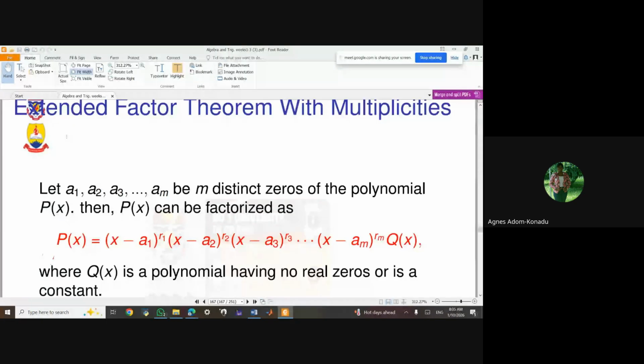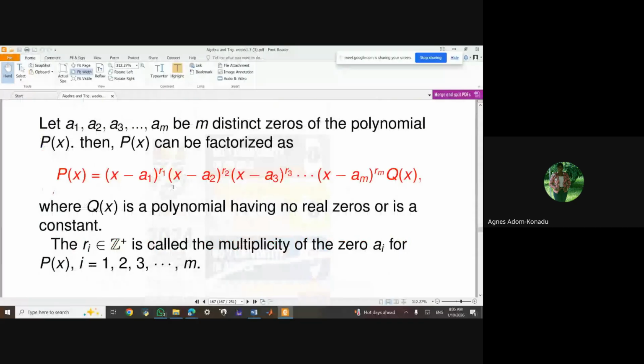Here, the r1, r2, r3 up to rm, we call them the multiplicity of the zero. And we know that our q of x is a polynomial function having no real zero or is a constant. So my q of x can be a constant or a polynomial.